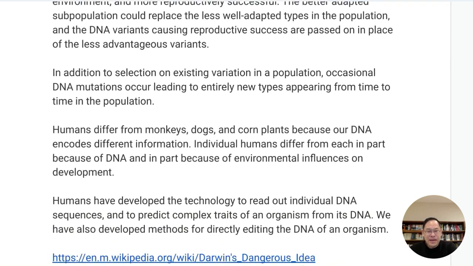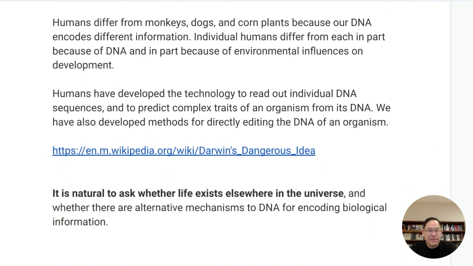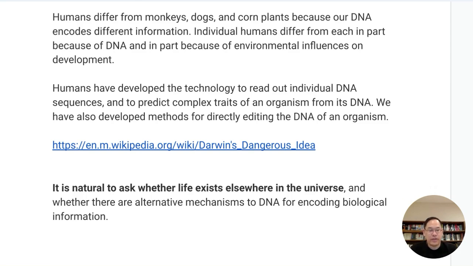Now, only recently have we developed the technology to read out individual DNA so that we can inexpensively take a cell sample from a human or from a plant and put it through what's called a gene sequencer and read out the actual letters, GCTA, which encode all the information in that organism's DNA. Once we have that data, so for example, we have big biobanks now that have the DNA of, say, 1 million different people.